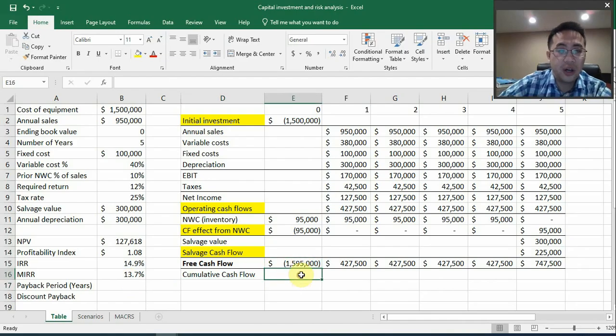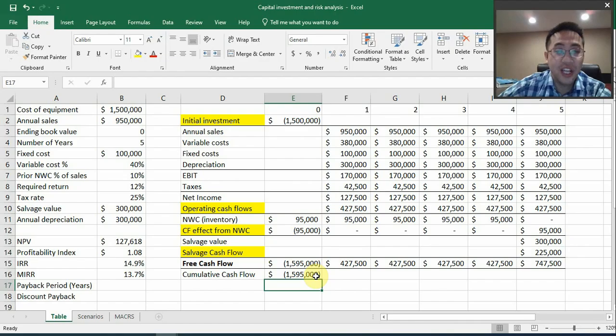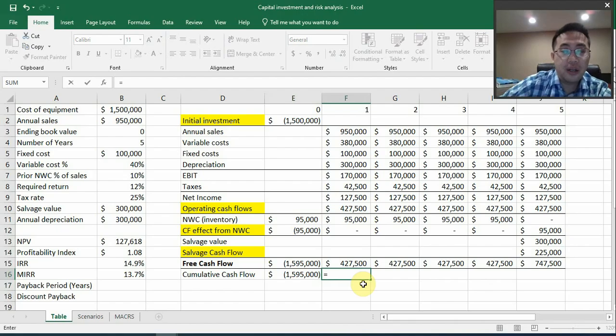So for year 0, at the start, that's your cumulative cash flow. That's your balance. You are in debt, or in deficit, of $1.595 million. And then after the first year, your balance is definitely reduced because you make some earnings here. So your cumulative cash flow, or end of year balance, is the previous balance plus the money you make in the new year.